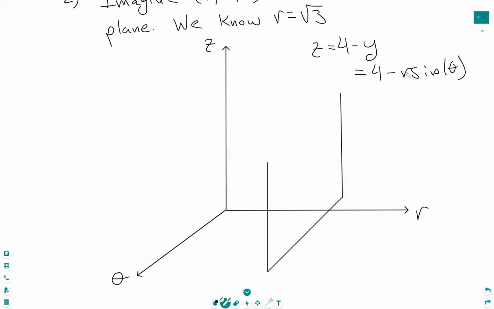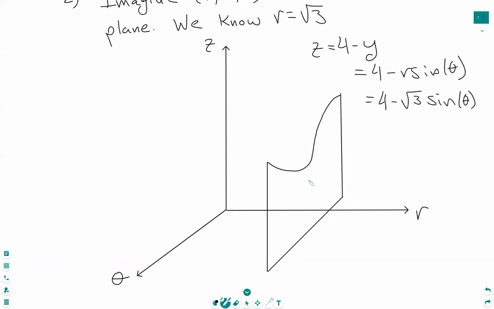This r we know is a constant value, so this is 4 minus root 3 sine theta. So it looks like we have some kind of sine function here as the top of this curve. So this is what it looks like in this Cartesian setup of cylindrical coordinates.